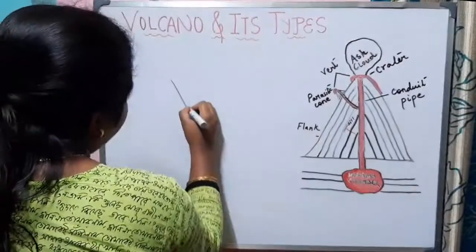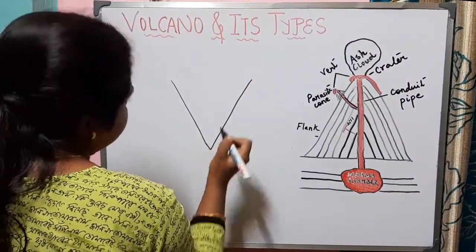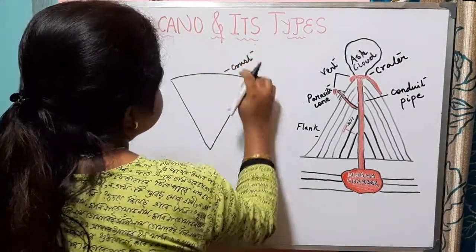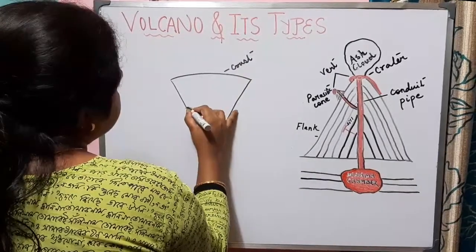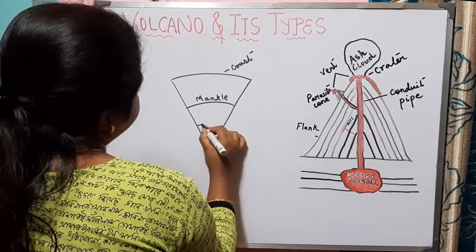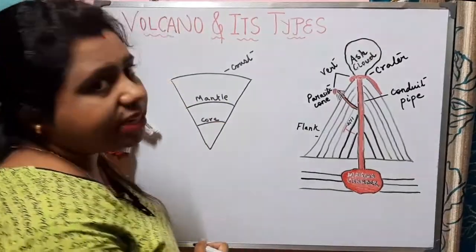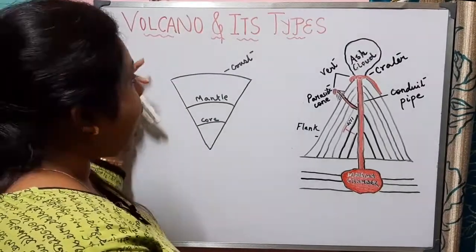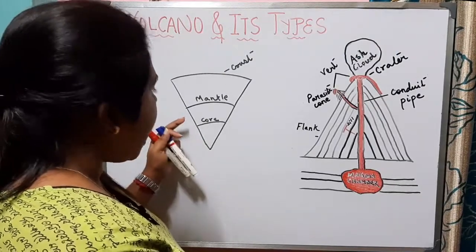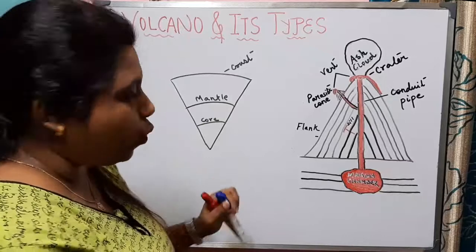In our last video, we discussed the structure of the interior of the earth, where we got to know that the outermost layer is the crust, then we have the mantle, and then we have the core. Now all these layers are divided into upper and lower: upper crust, lower crust, upper mantle, lower mantle, and upper core and lower core, or outer core and inner core.